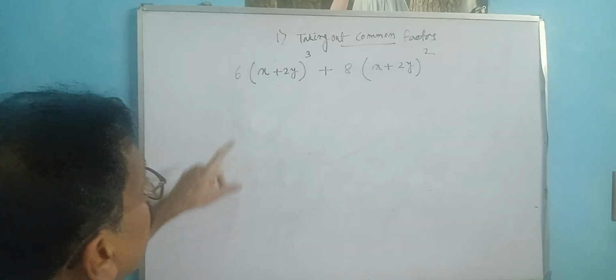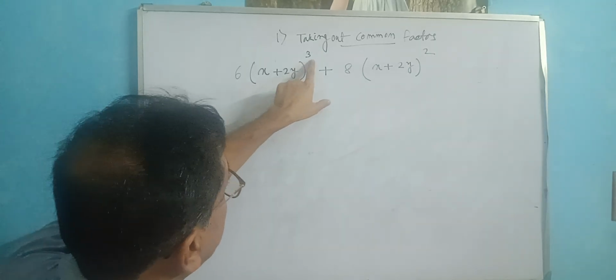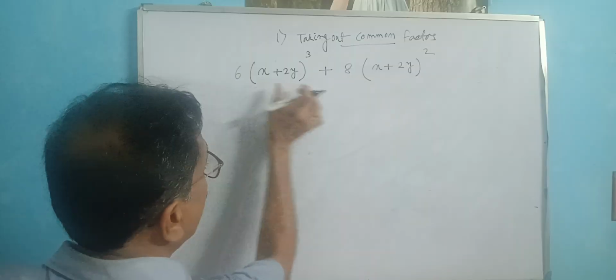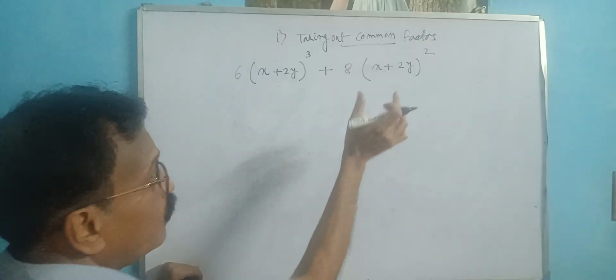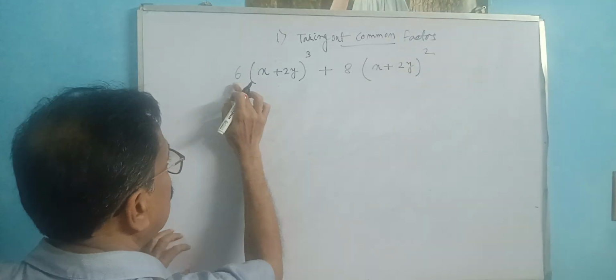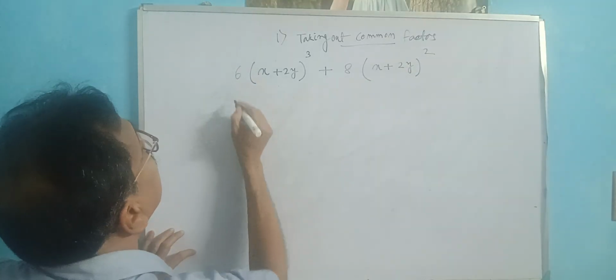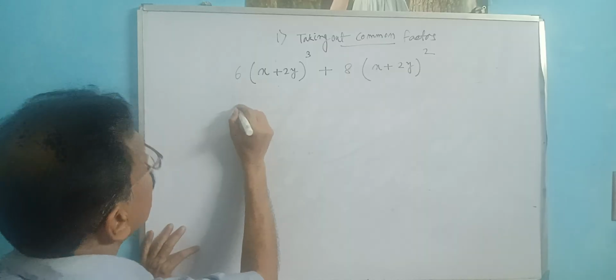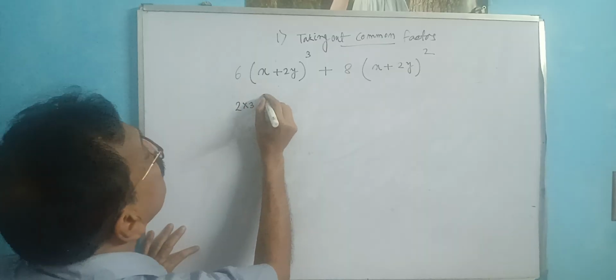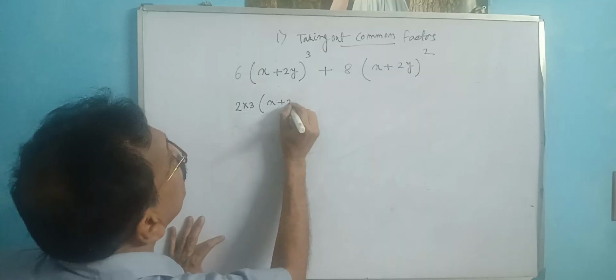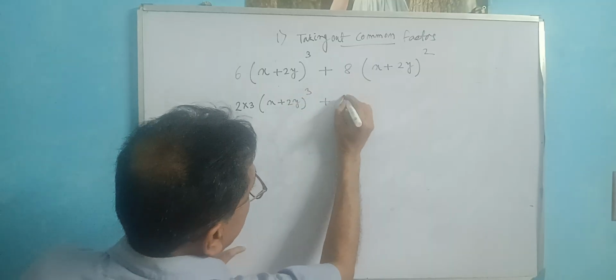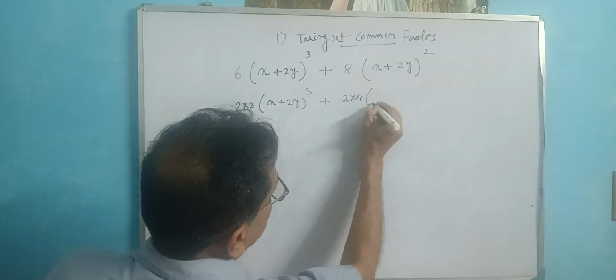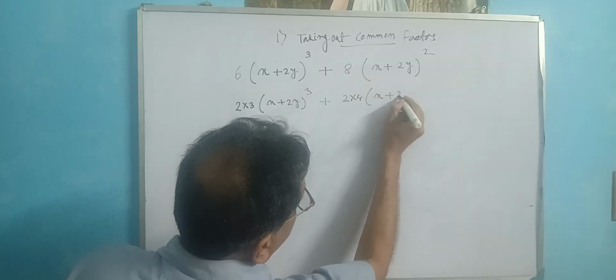Clear? 6 into x plus 2y cube and 8 into x plus 2y square. This part is the same, but this power is 3, this power is 2. You always take the lower power. Now, what is the common in 6 and 8? Actually 2. 6 you write as 2 into 3 into x plus 2y cube, and 8 you write as 2 into 4 into x plus 2y square.